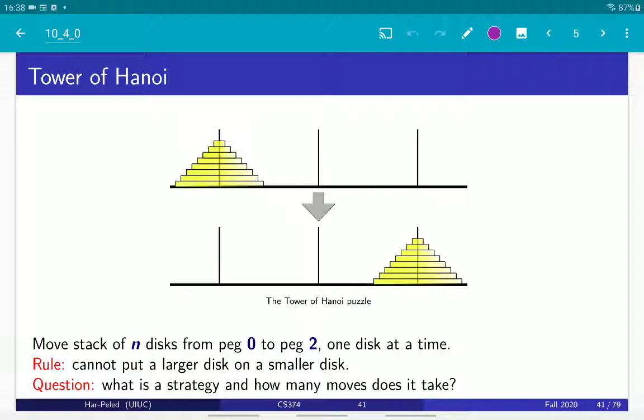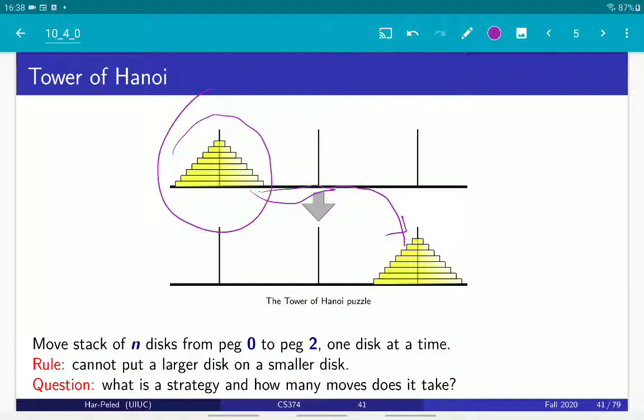I think there are 64 discs or whatever the number is. And those discs were initially ordered as a tower like that. And the task is that you have to move all the discs from one tower to another tower, from this side to this side. And that's it. Now, of course, this is a very easy problem.